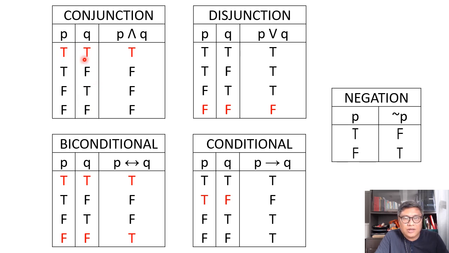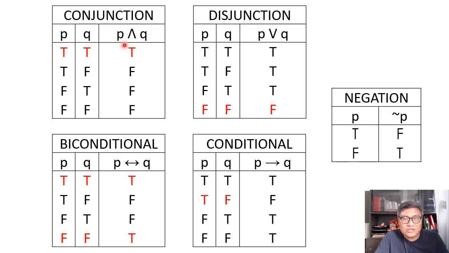So either both are true, one is true and the other one is false, or the first statement is false and the second statement is true, or both statements are false. So these are already predetermined, class, or these are already designed or given to us, its truth values.